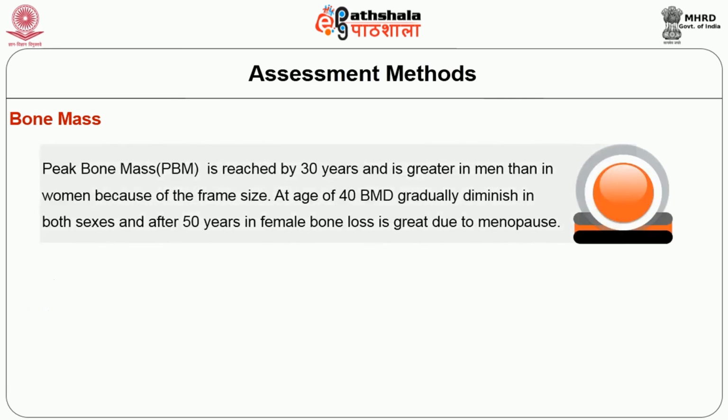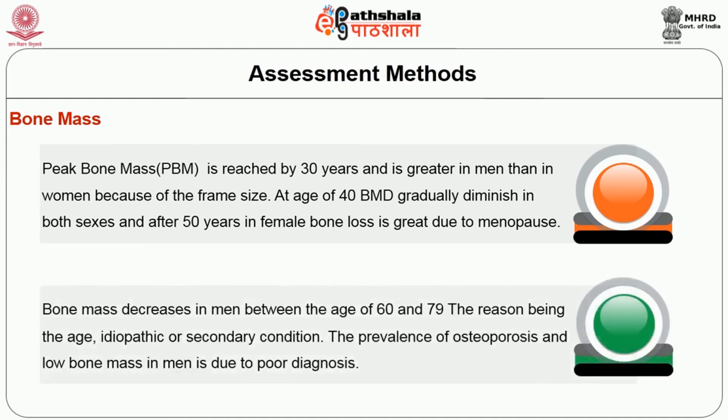Peak bone mass is reached by 30 years and is greater in men than in women because of frame size. At the age of 40, BMD gradually diminishes in both sexes, and after 50 years in females, bone loss is great due to menopause. Bone mass decreases in men between the ages of 60 and 70, the reason being age itself, idiopathic or secondary conditions.